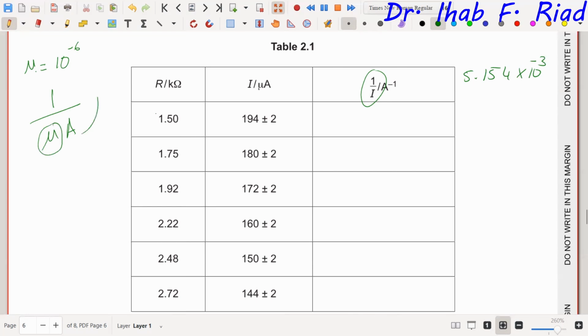So when the micro goes up, what is it going to do? It will become to the power 6.